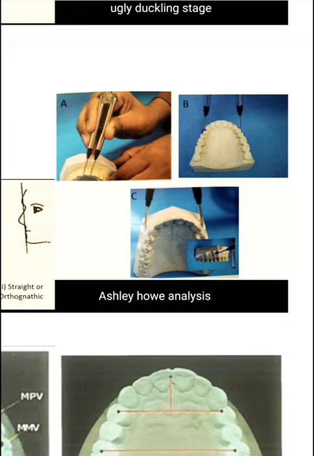Total tooth material is measured by the mesiodistal width of all teeth mesial to the second permanent molar, and the values are summed up. That means it is measured up to the first permanent molar.